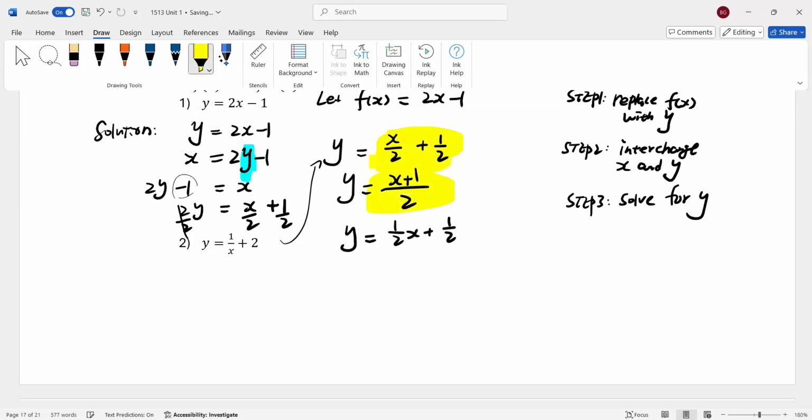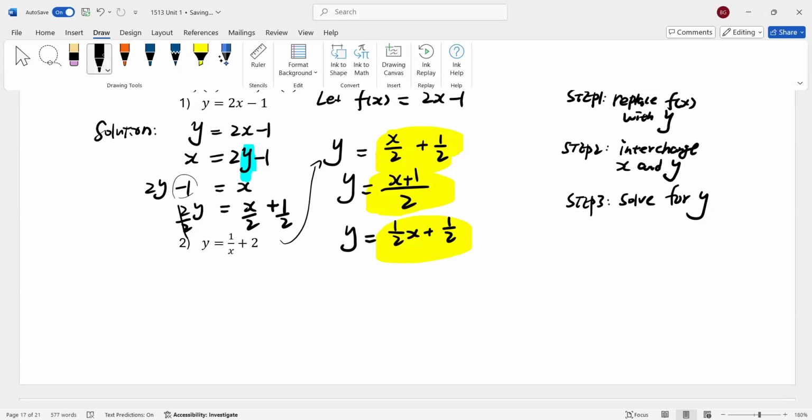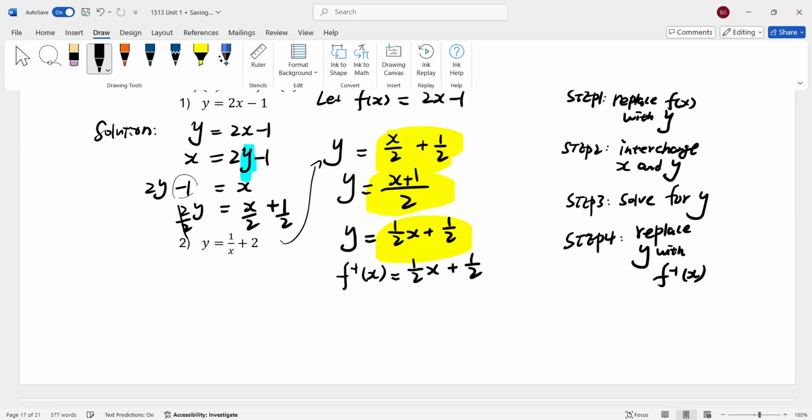And then step 4. Replace y with f inverse of x. So we conclude f inverse of x equals half x plus half. And done.